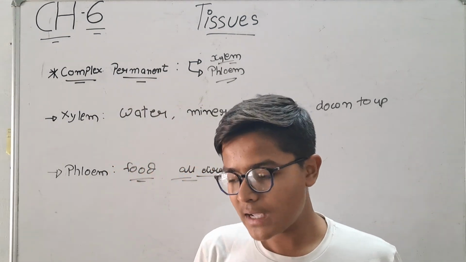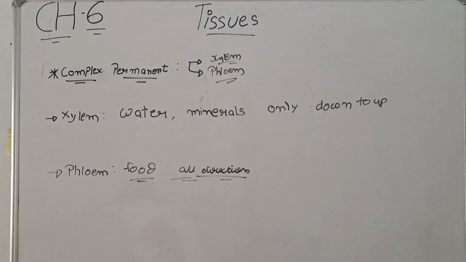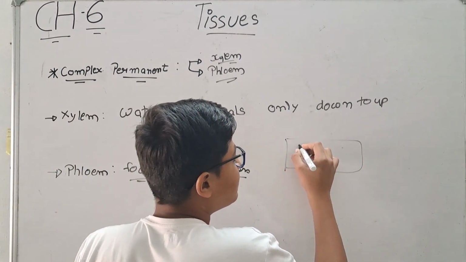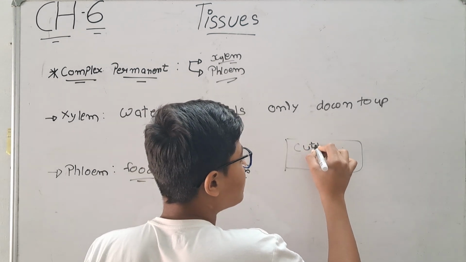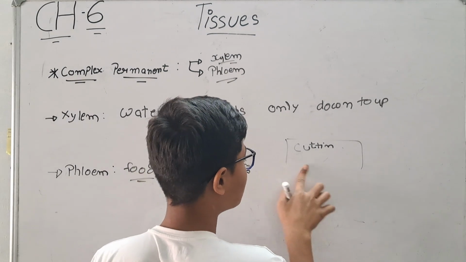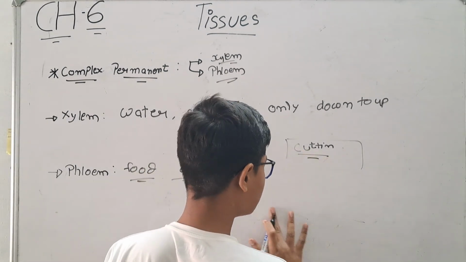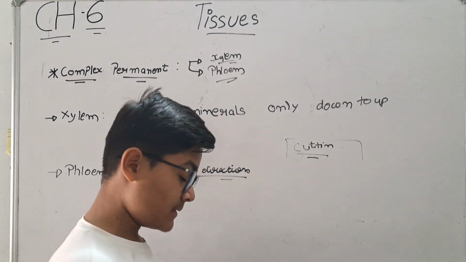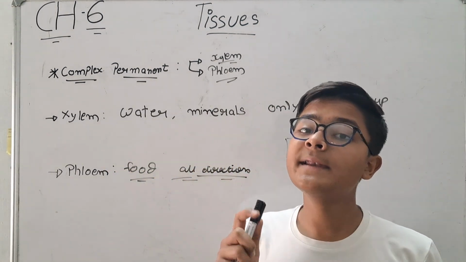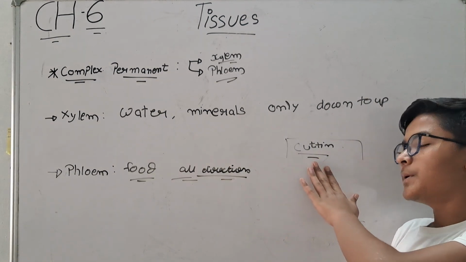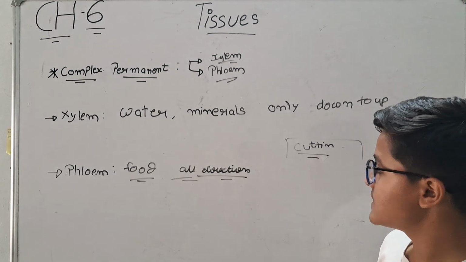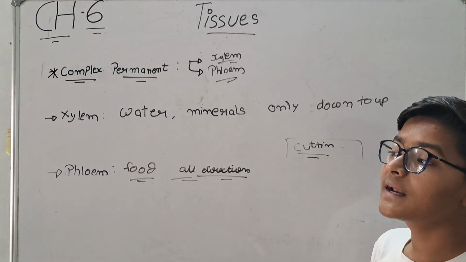I want to say something. There is a substance present in plants of the desert, called cutin, which is present at the epidermis.